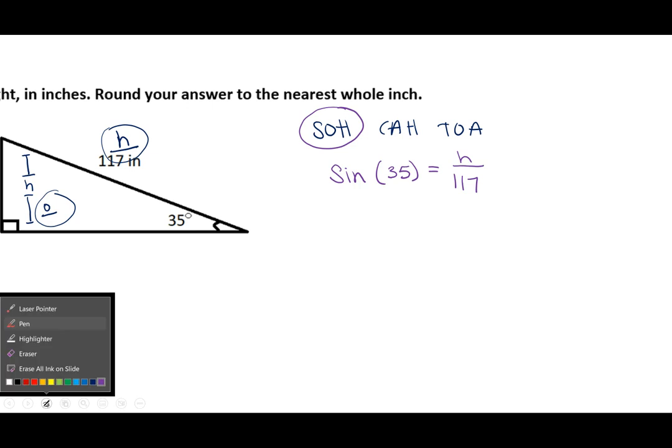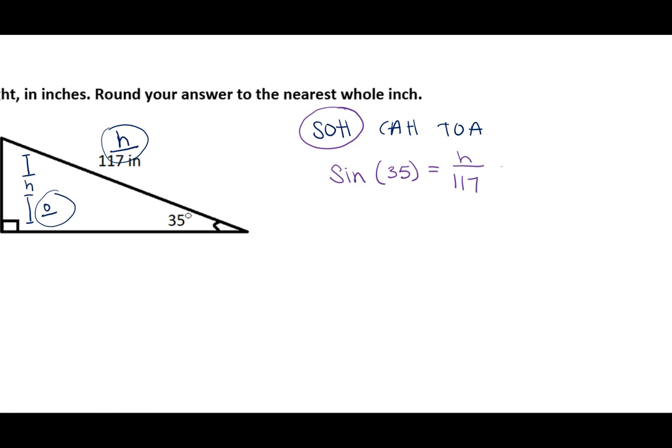So first, you have to get rid of the denominator. So multiply by 117. So we end up with 117 times sine of 35 equals H.